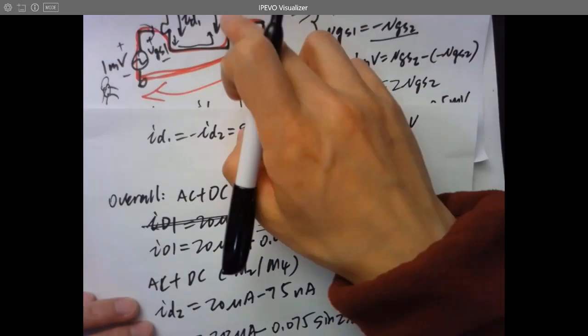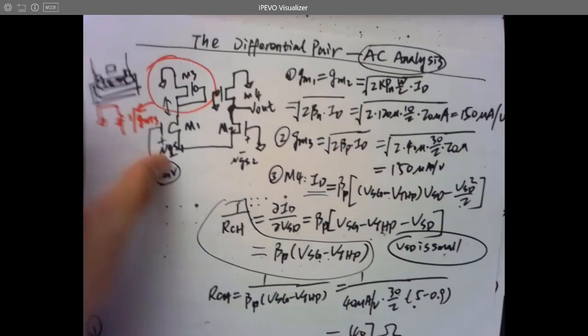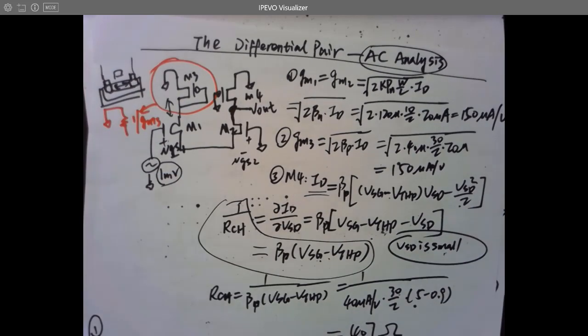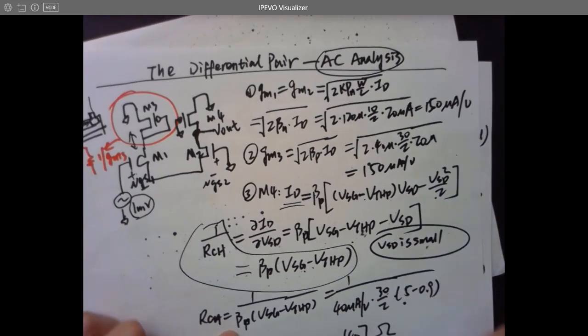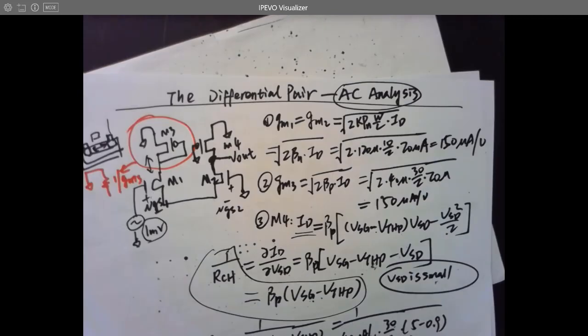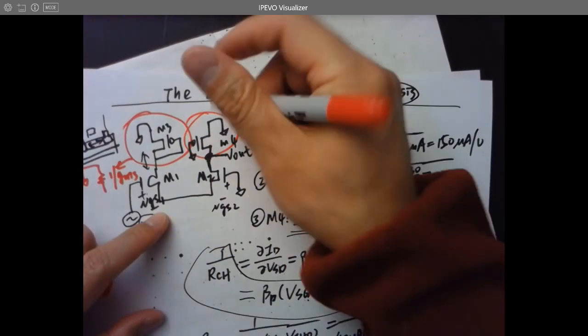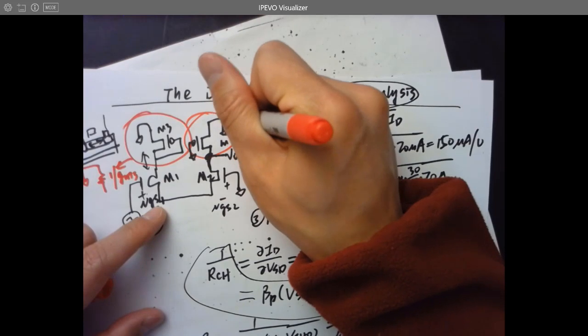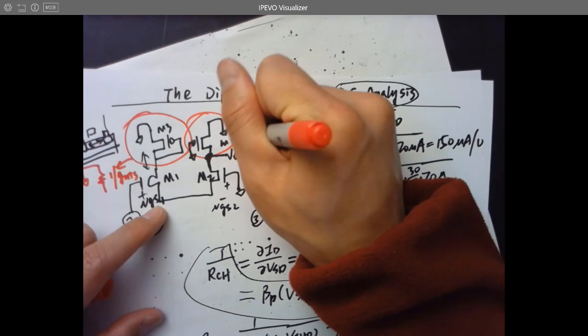Okay. So now what is VD? You know IDs already. You need to find out VD, which is actually V out over here, because you know the R channel of this transistor. So actually this part is equivalent to this, and this is R channel.